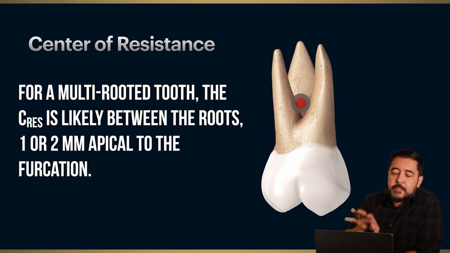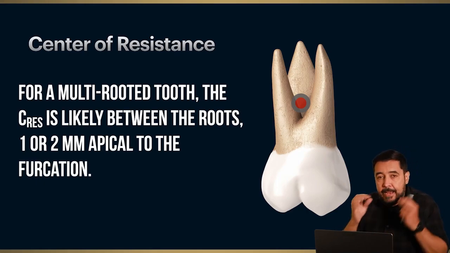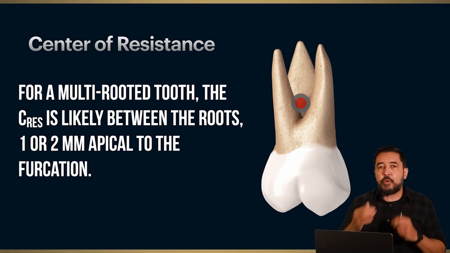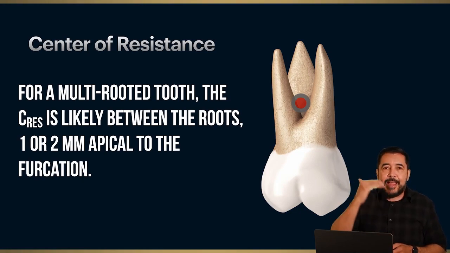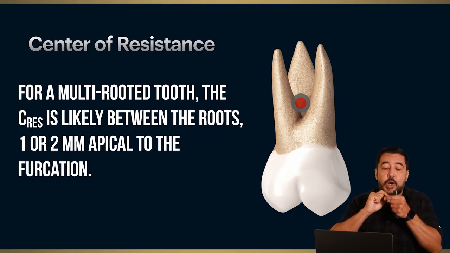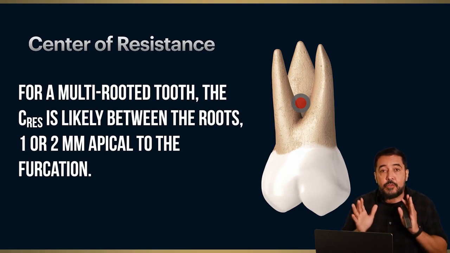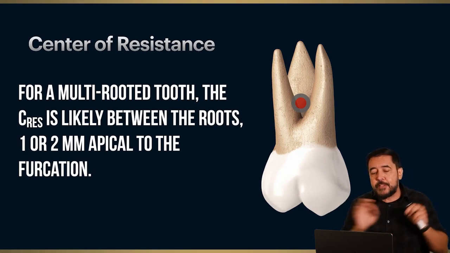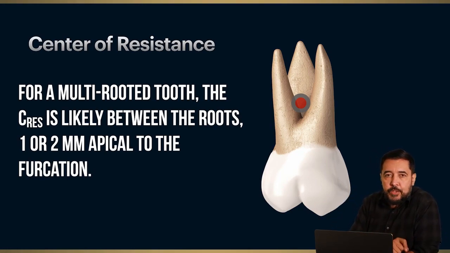And in this case, if we apply a force close to the center of resistance, we used that a lot in the past, using, for example, an extraoral headgear, an extraoral force. We used to calibrate the line of action of the force, the elastic, to try to pass through the center of resistance of those teeth, both molars.